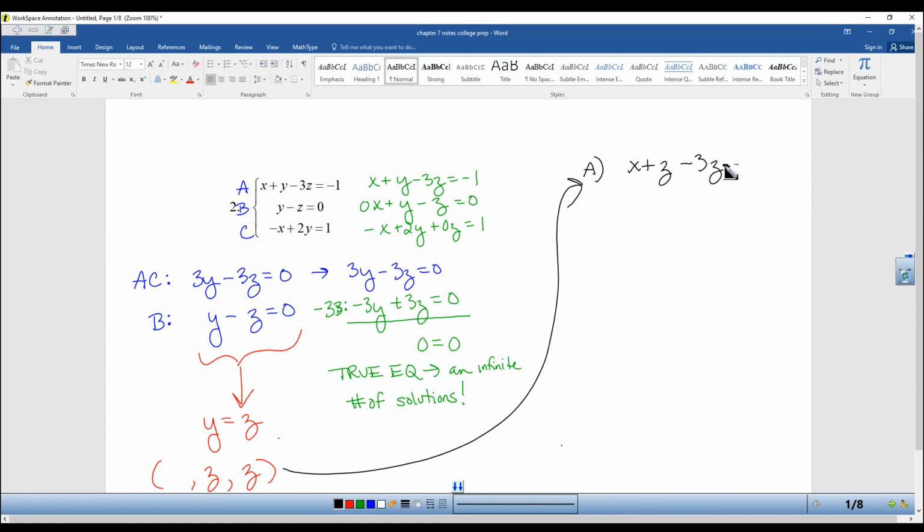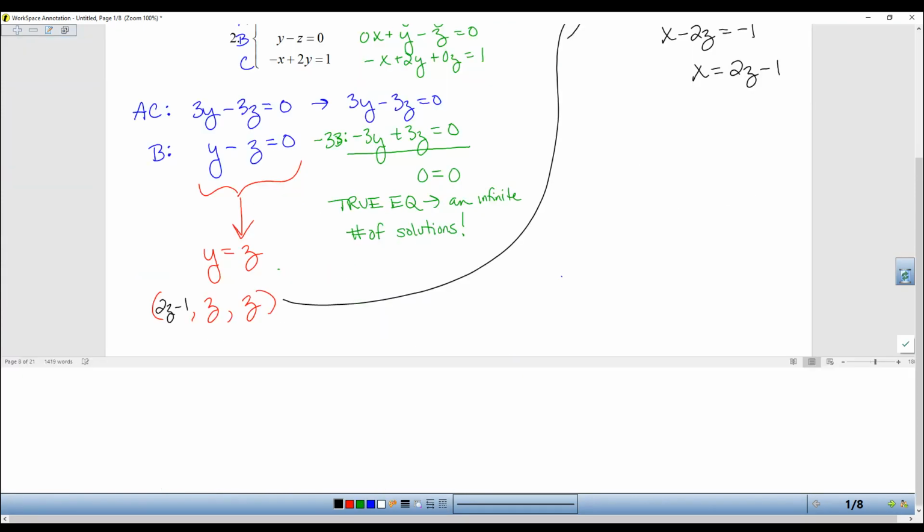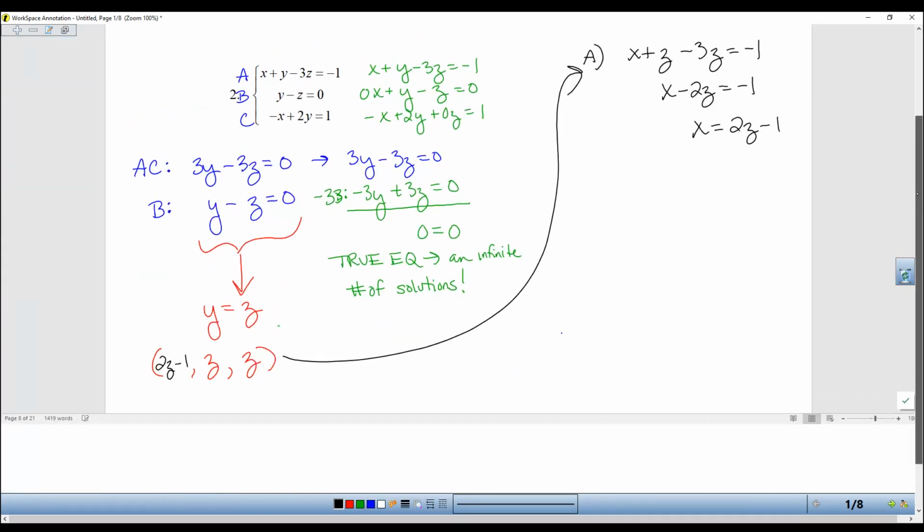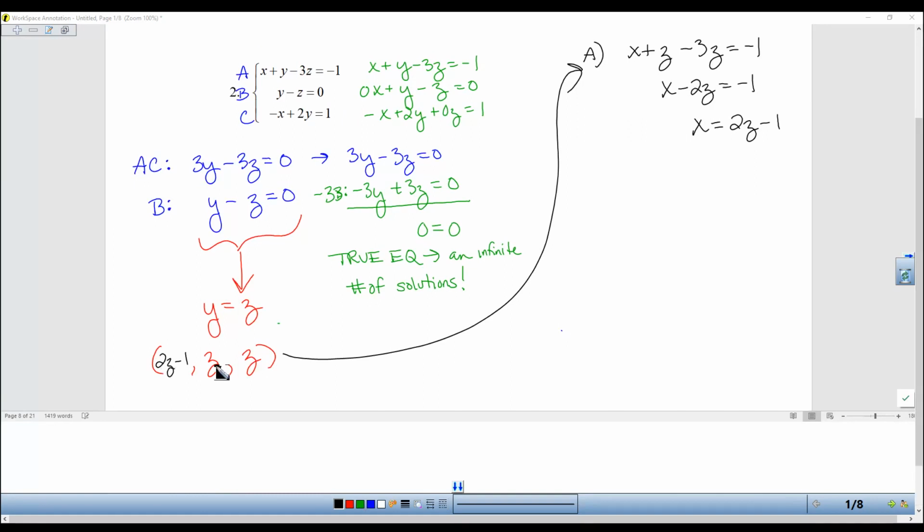Minus 3z is equal to negative 1. That would give me x minus 2z is equal to negative 1. X is 2z minus 1. And what did that do for me? That gave me an entire ordered triple in terms of 1 variable.